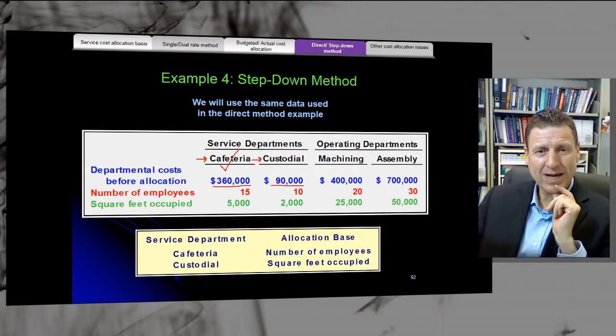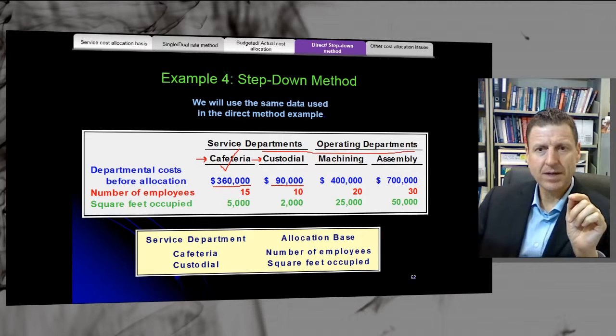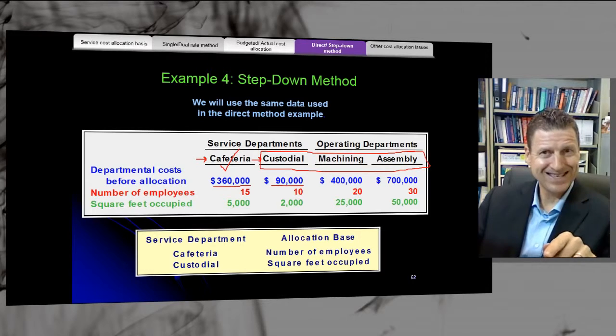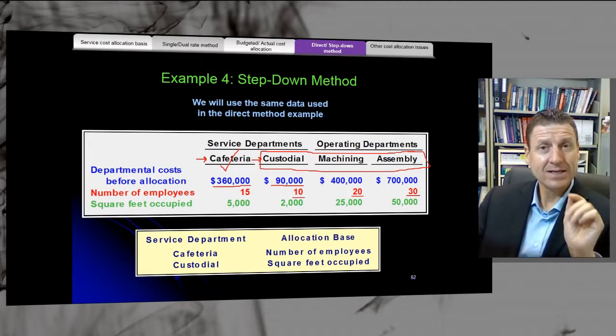Okay, so how are we going to do that? Well, now we are allocating the cafeteria across 3 departments. Instead of that 20, 30, 50 employees, now we have 60 employees, and you can work out the percentages, can't you? 1/6, 2/6 and 3/6.